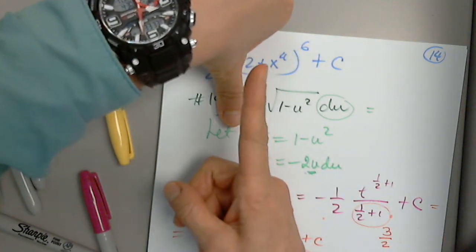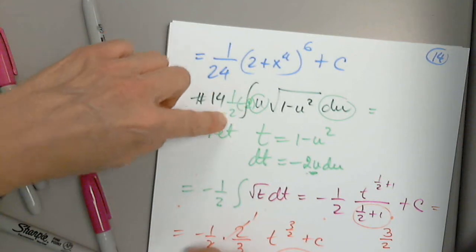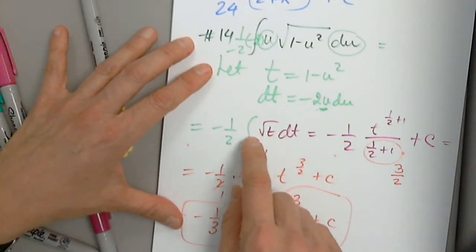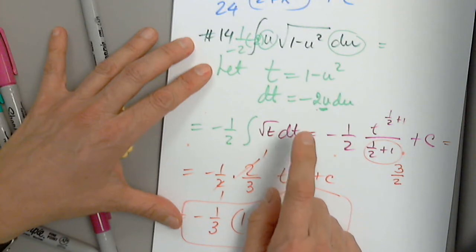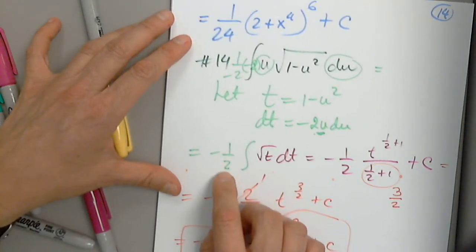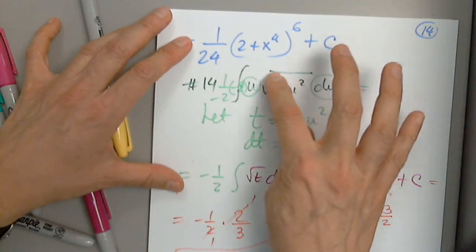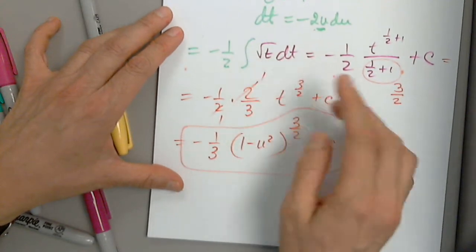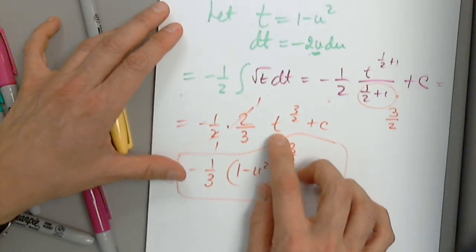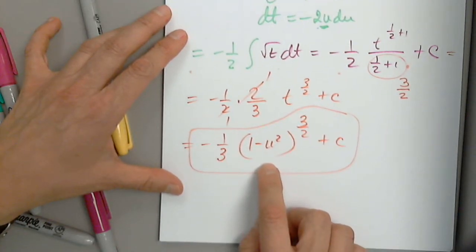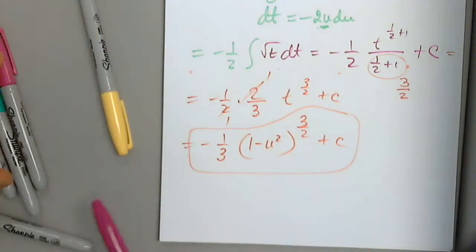This is 1. This is 1. But now -2u and du give us dt. And then I have to have the -1/2 in front. And this piece changes into the square root of t. At the very end, I have to go back and replace t by 1 minus u squared. Is this better? Yeah. We need practice.